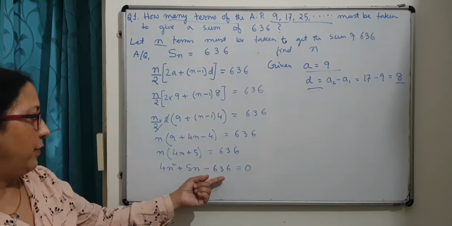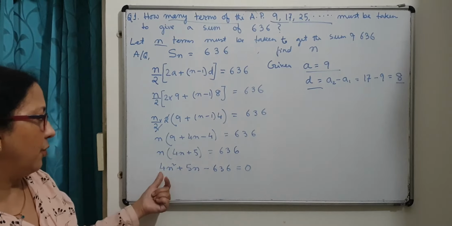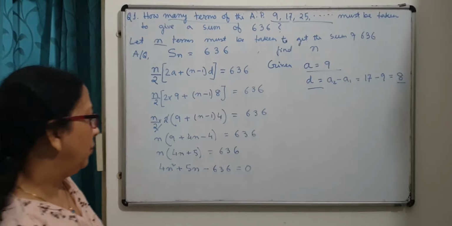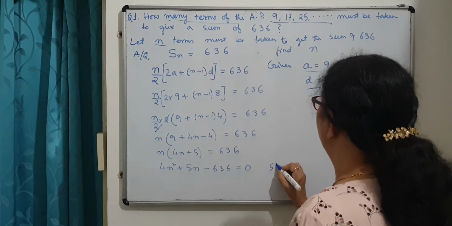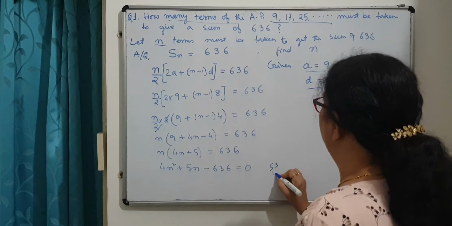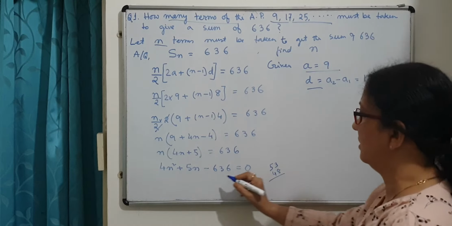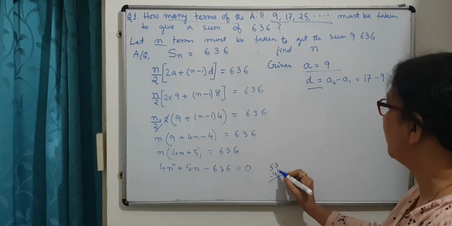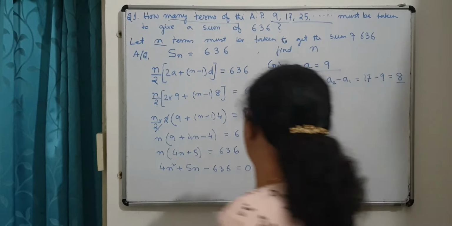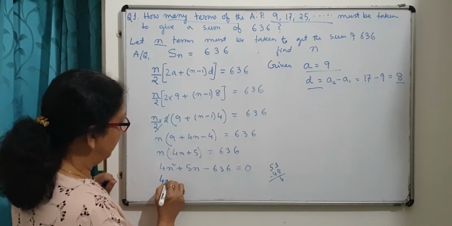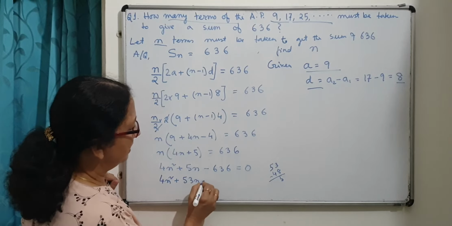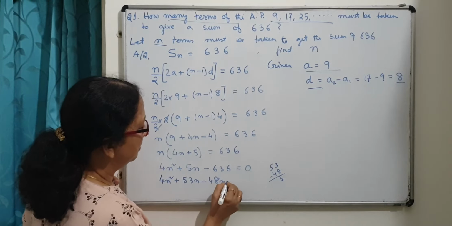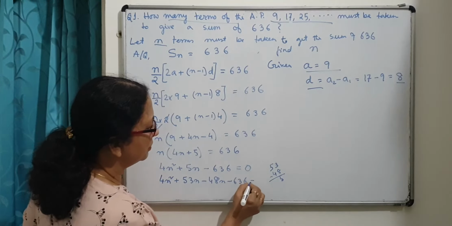If you see the factors of 636 and 4, we'll end up with two factors. If you do it yourself, you'll get the factors 53 and 48. These two factors you'll be getting out of these, and their difference is 5, so we can take them. So 4n square plus 53n minus 48n minus 636 is equal to 0.